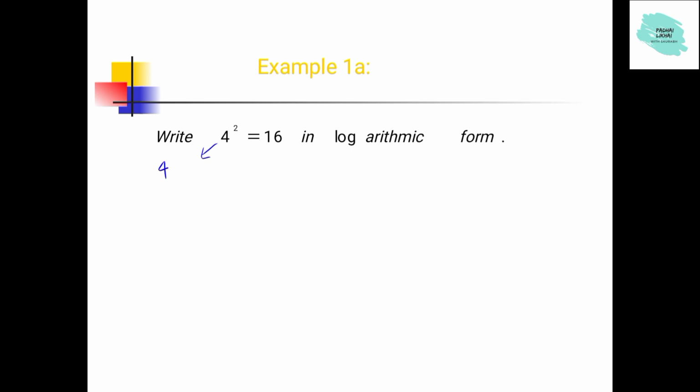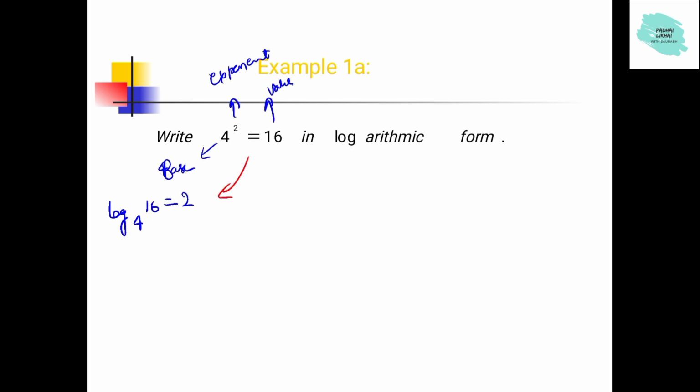Base is 4. 2 is exponent, and 16 is value. So the log form will become log, in suffix you have to write base, here you have to write value equal to exponent. The exponent is 2. So this is the conversion of exponent form to log form.